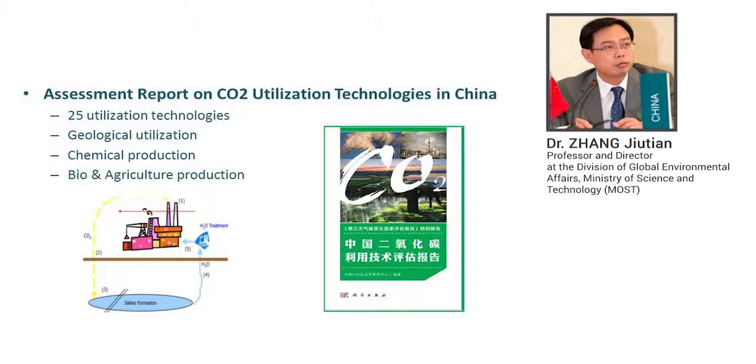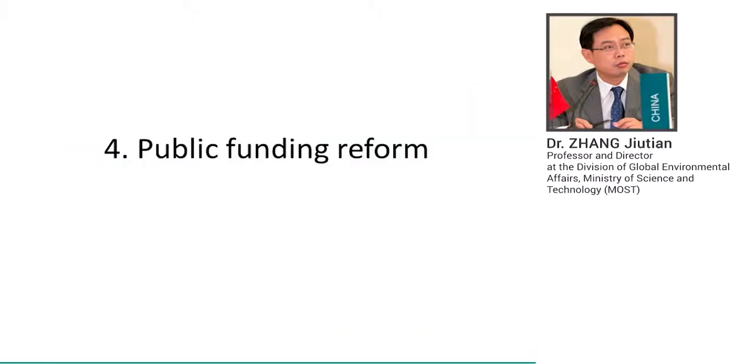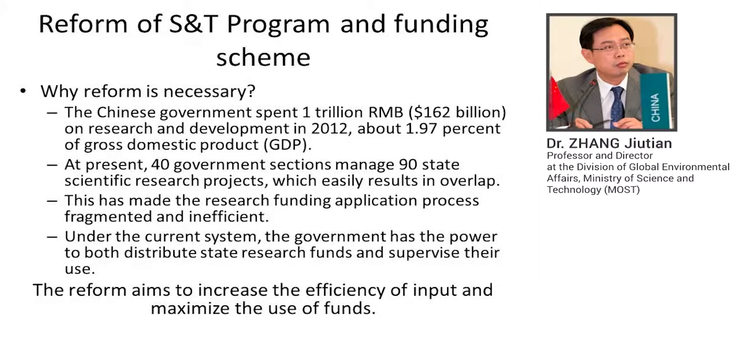As you may know now, the central government is reforming the public funding scheme. Here, I think, the Chinese government spent much money on R&D. In 2012, nearly 2% of GDP was spent on this.